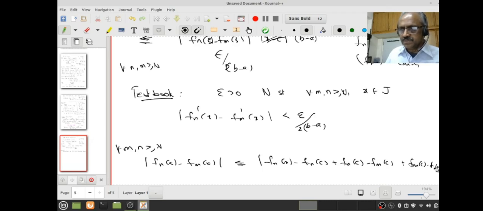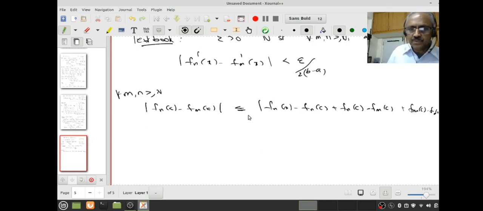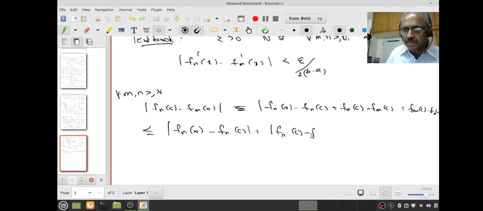Do you understand this? Therefore this is less than or equal to |fn(x) − fn(c)| plus |fn(c) − fm(c)| plus |fm(x) − fm(c)|. Yeah, right. But that's not what I wanted.